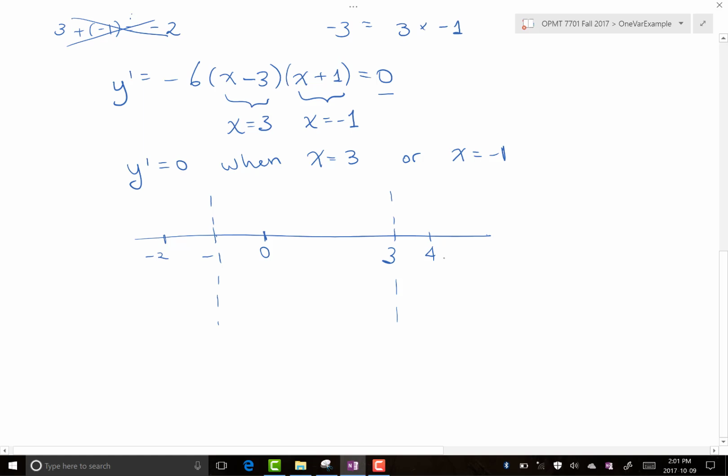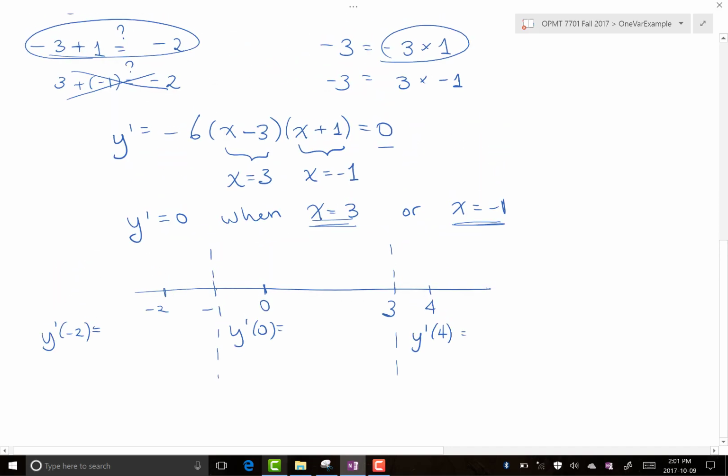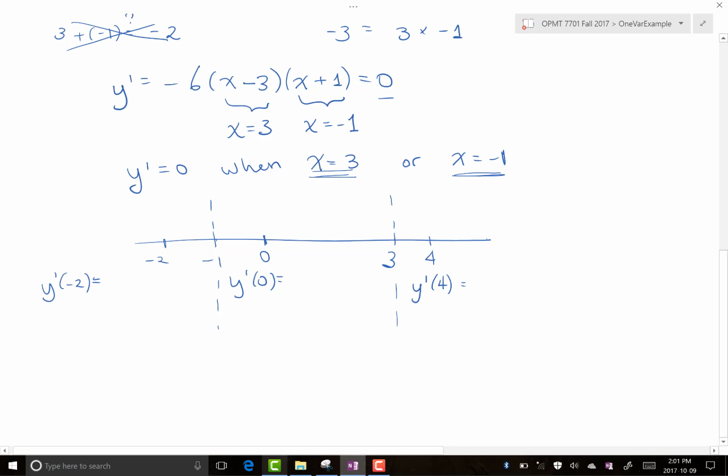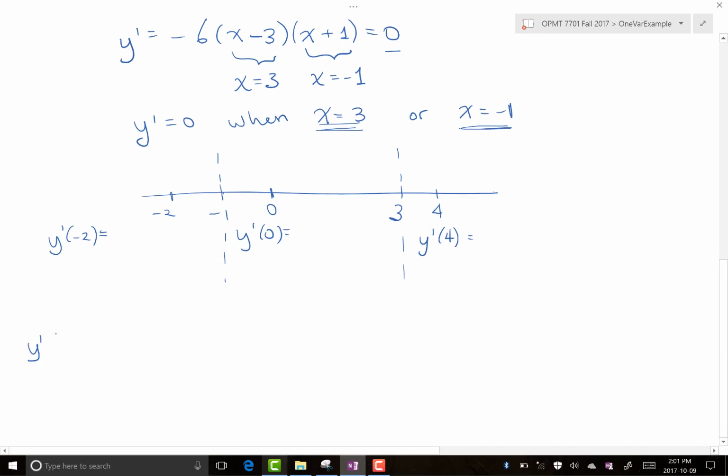You can pick any numbers as long as they're to the left and right of your critical points here. Okay. So we're going to get y prime at -2, y prime at 0, and y prime at 4. Okay. Easy thing to do is to plug everything into the factored version of y prime.